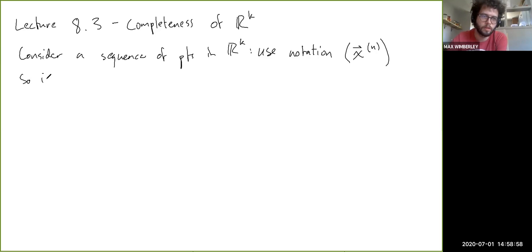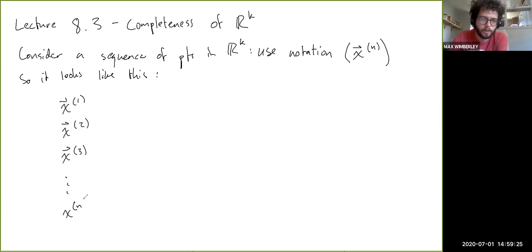The sequence looks like this: x^(1), x^(2), x^(3), and so on, and then x^(n), and so on. I'll try to write the vector signs just to keep things clear.